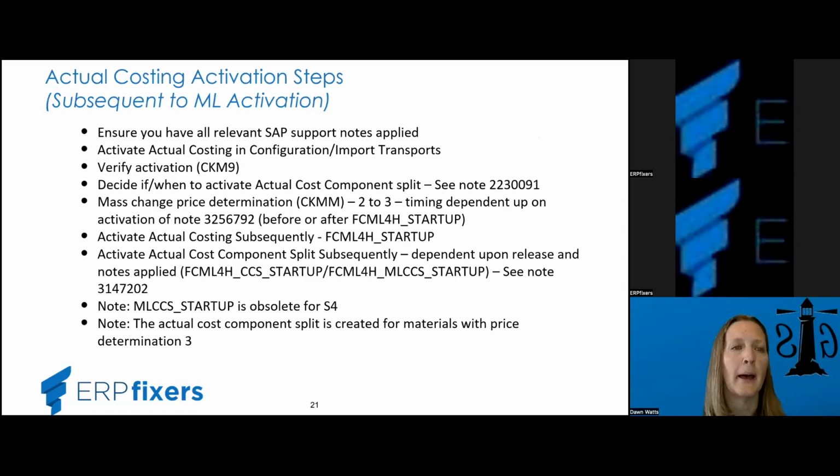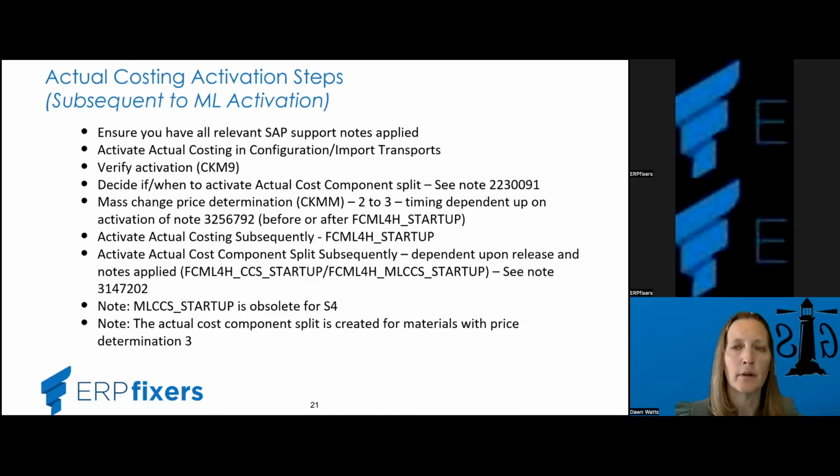So then the actual costing activation steps. One of the things that I would like to stress here is ensure you have all relevant SAP support notes applied. So there's been some transition with the actual costing functionality.